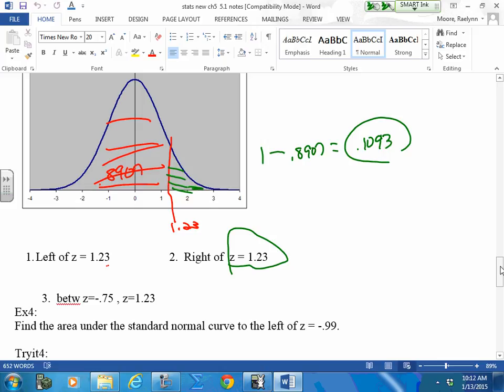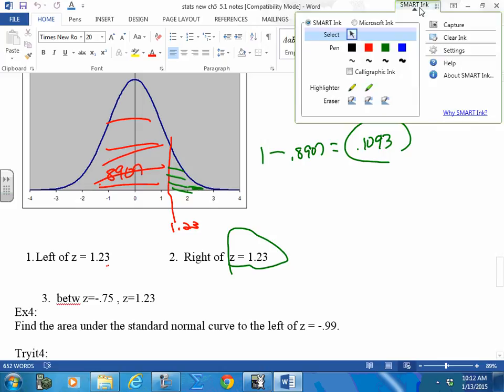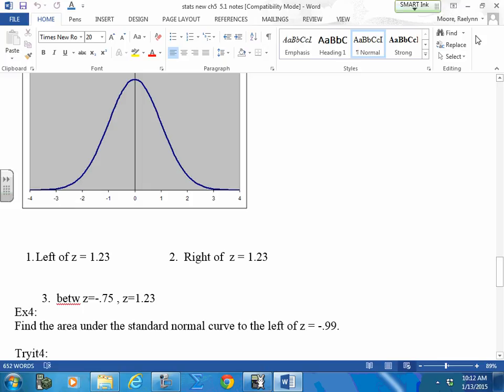Now, here's the tricky, the in-between one. I want to be between -0.75 and positive 1.23. Now, watch what happens up here. Just watch for 1 second. It always finds your area to the left.